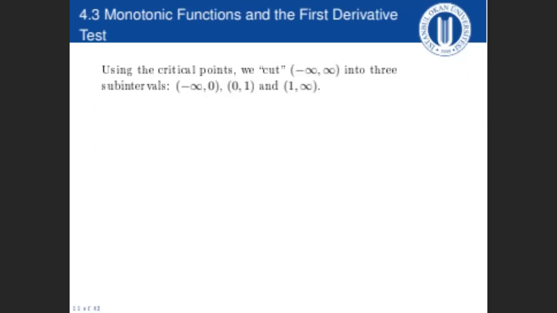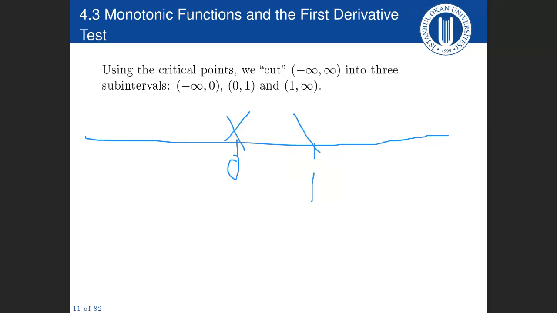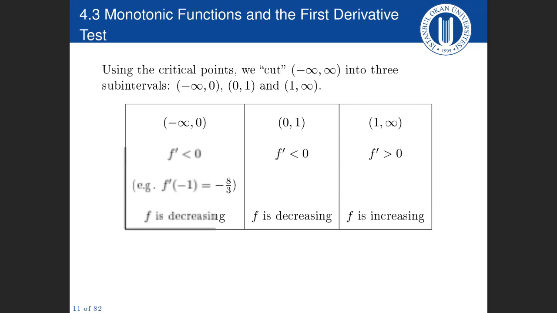Using these critical points, we're going to cut up our real line. We start with the whole real line. We're going to make a cut at 0, and we're going to make a cut at 1. And that's going to give us 3 sub-intervals: between minus infinity and 0, between 0 and 1, and between 1 and infinity. And then we want to look to see if the function is increasing or decreasing on each one of these sub-intervals.